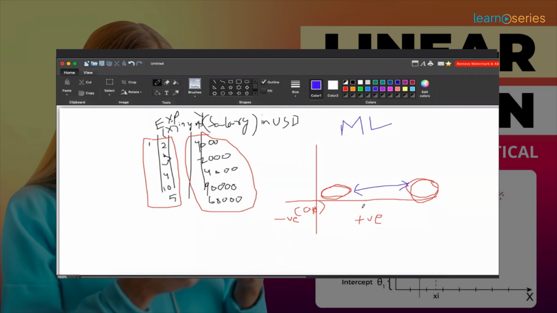For a machine, these are all numbers. When there are high valued numbers, the machine learning model will give more weightage.